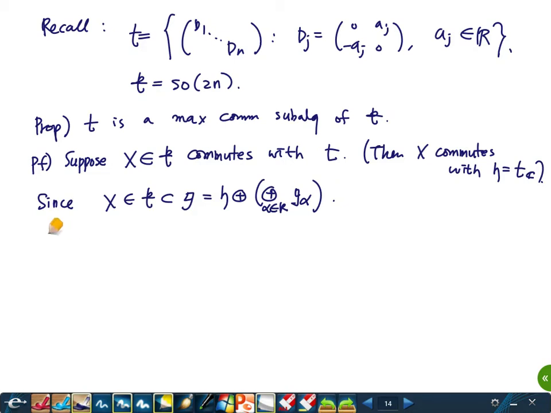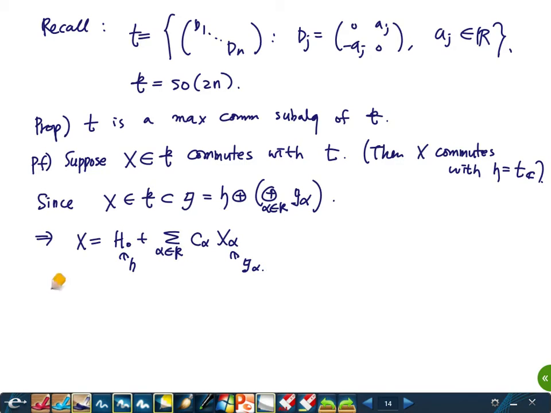So we can write X uniquely as a linear sum like this: H0 in H, plus the sum of c_alpha X_alpha, where of course X_alpha is in G_alpha.